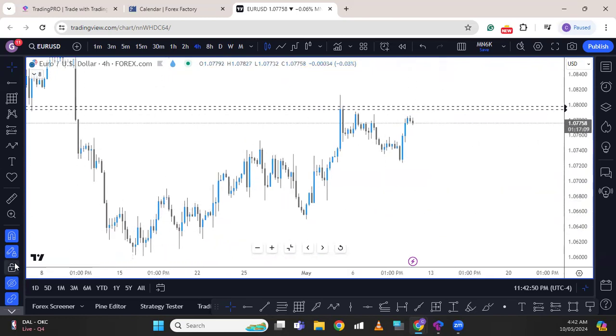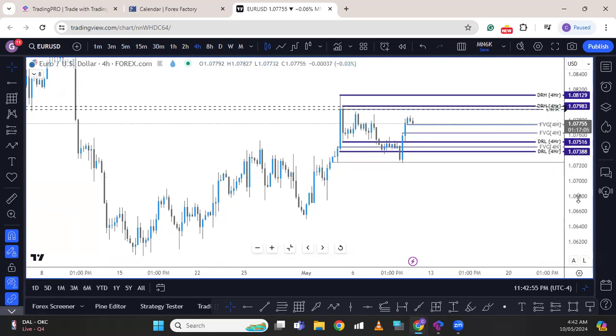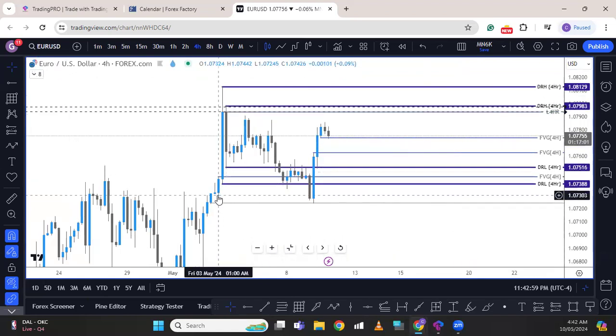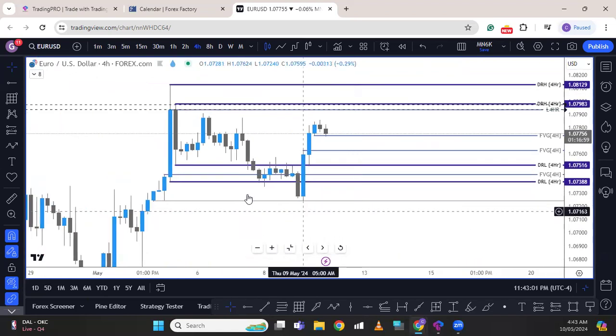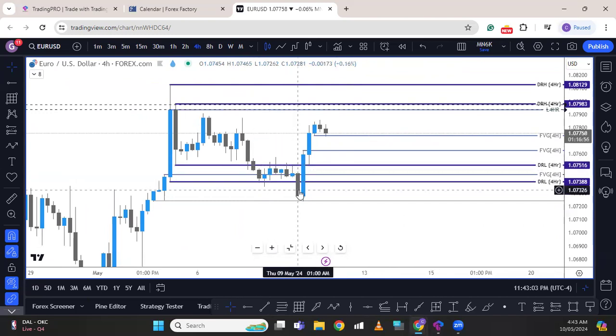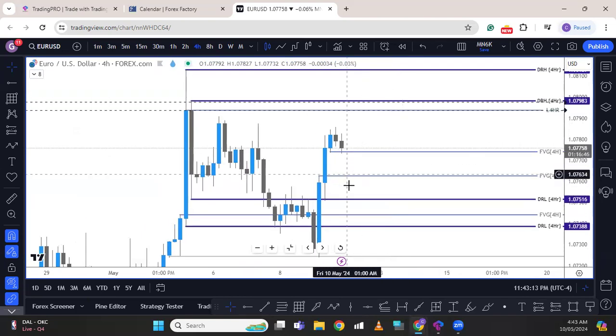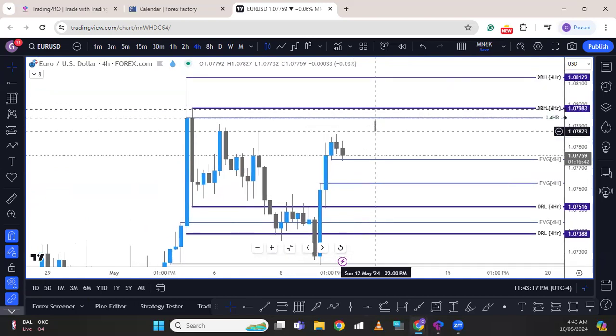So looking at where price is now, we had this range on the 4-hour, price swept the low and came back inside the range. So that might point that liquidity here has been swept, and the possibility exists that if this 4-hour fair value gap should hold in price, price might continue to the upside.